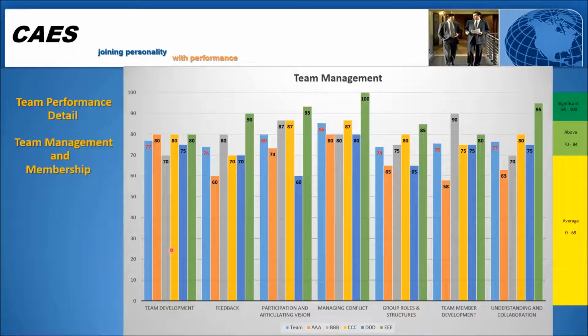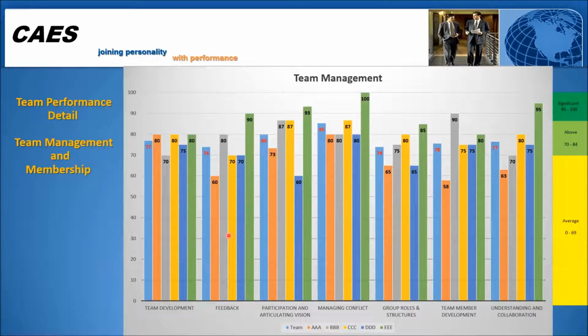The first category that we look at is team development, and this is again from a managerial standpoint, understanding the need to develop the people around, having a team mentality. So the team first over individuals, and for the most part, our people are very similar on that.